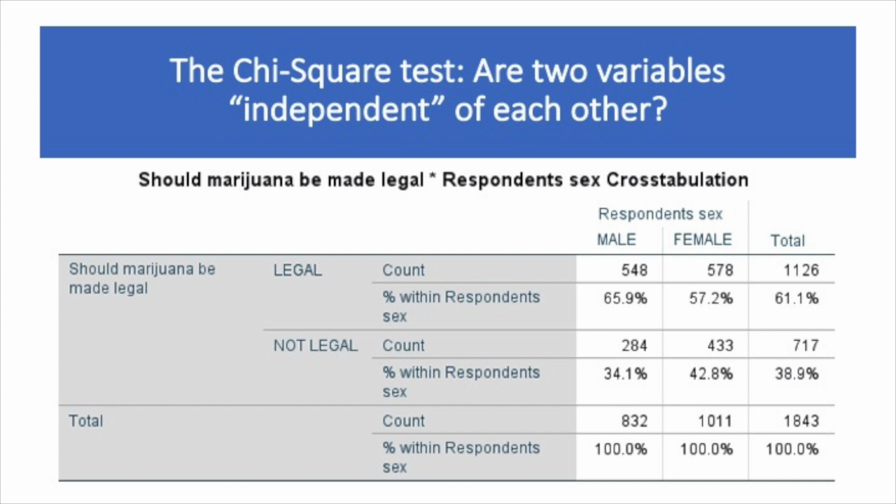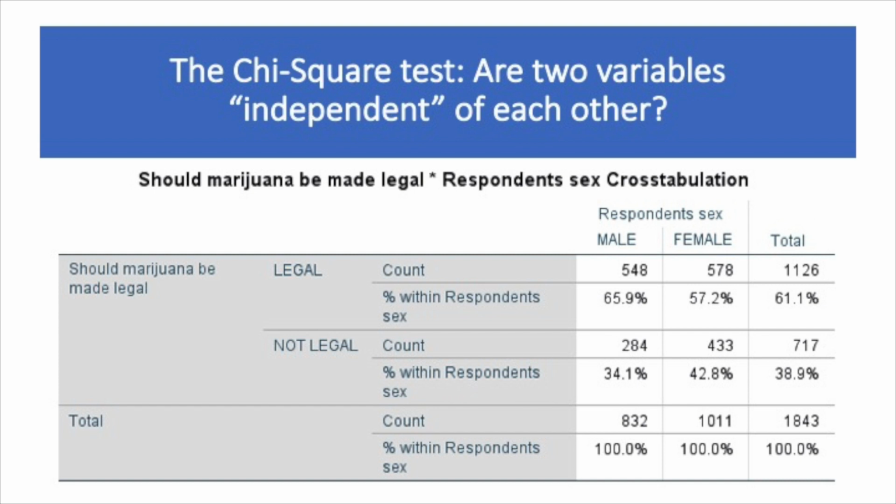All right, so we have respondent sex in the columns. We have attitudes toward legalization of marijuana, legal or not legal, in the rows. And I also put in the column percentages here so we could more easily eyeball the differences that might exist in attitudes toward legalization. If we look at the table, for males, 65.9% are saying marijuana should be legal.